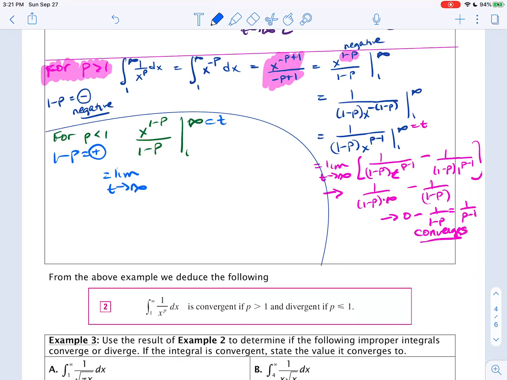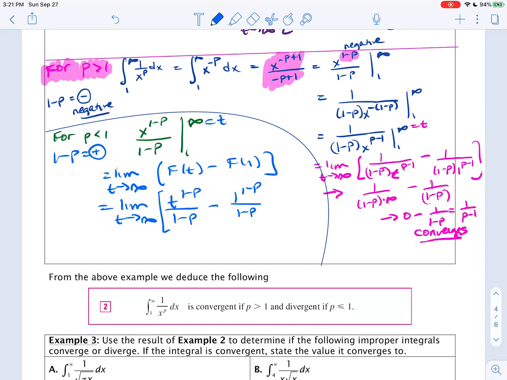t goes to infinity of f of t minus f of 1 is going to be the limit as t goes to infinity of t to the 1 minus p over 1 minus p, take away 1 to the 1 minus p over 1 minus p.